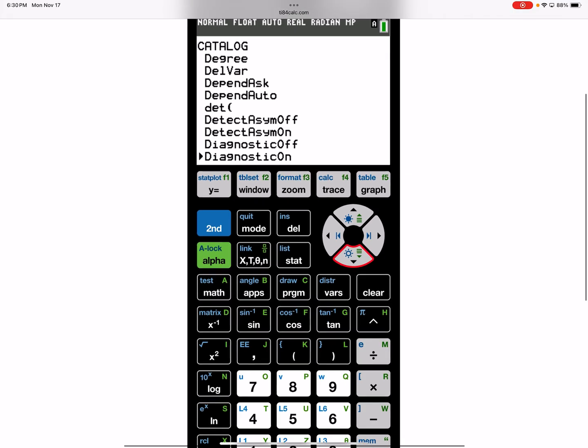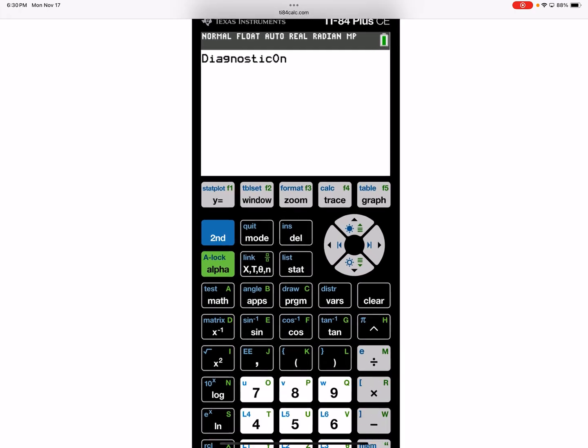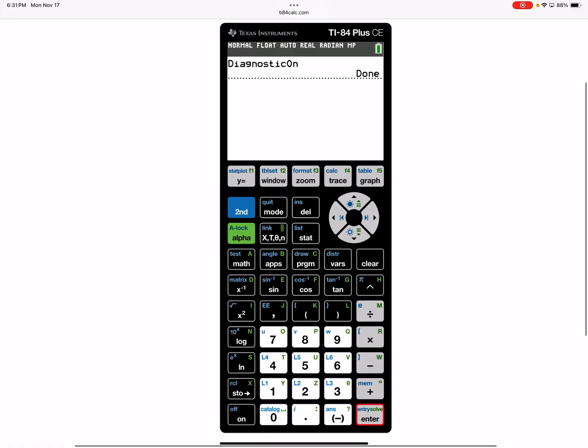Hit enter on it, and then it should pop up on the home screen. Then hit enter again, and it should say done. Okay, so we'll see if mine will stay on. But when we go to find those linear regressions, the way you find a correlation coefficient is to force a linear regression. And in order for that R to pop up for you, that diagnostic has to be on, okay?